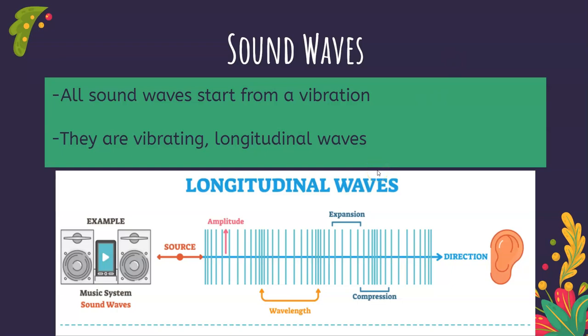And this is what a sound wave looks like. They all start from a vibration. That's the disturbance that causes it. Sound waves are longitudinal waves like we talked about already. This is the wavelength. If you were to draw this out, it would be similar to these compressions or rarefactions.